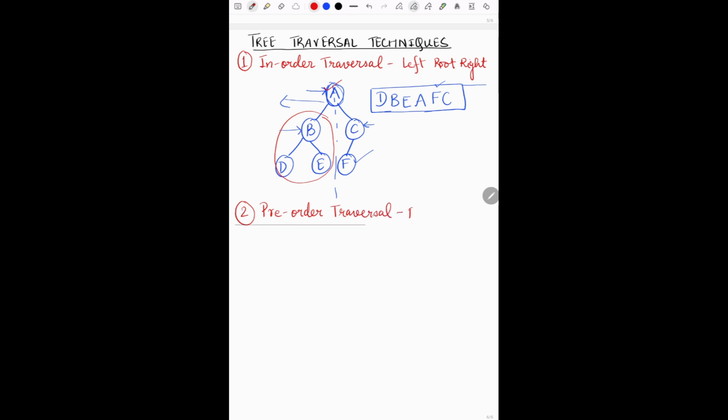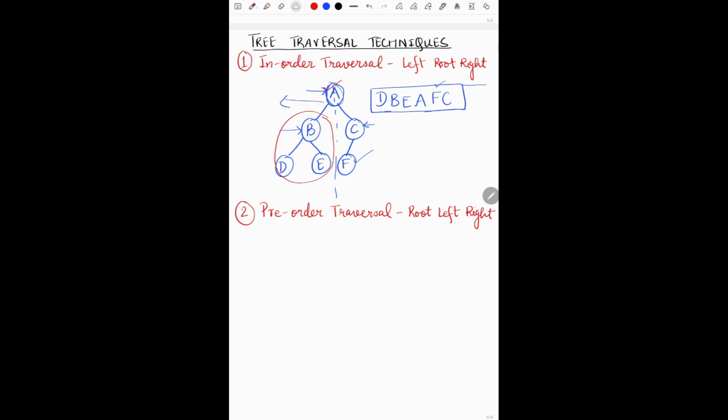In this, the root is traversed first, followed by the left child or the left subtree, and then followed by the right child or the right subtree. Let's consider the same binary tree that we considered for the previous example. Using the same tree, I am going to generate its pre-order traversal.